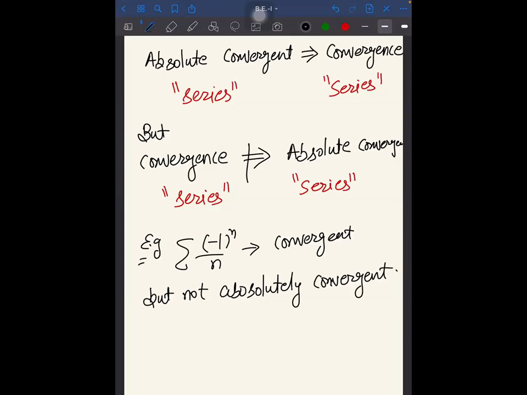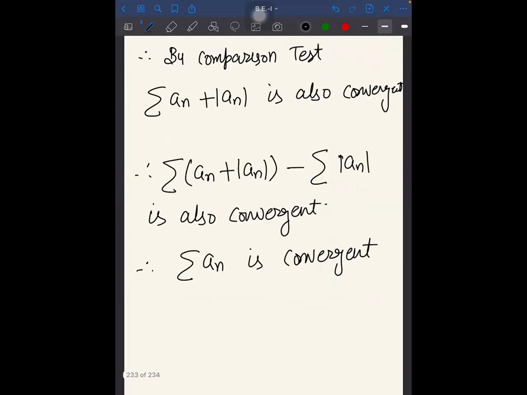Right? So once you prove the absolute convergence, you directly go to the convergence. That's it. Okay?